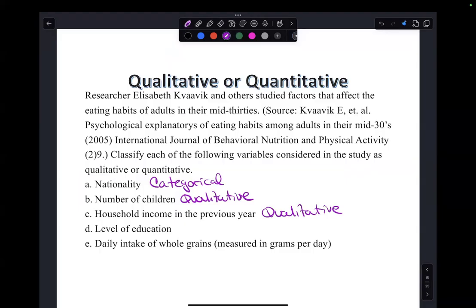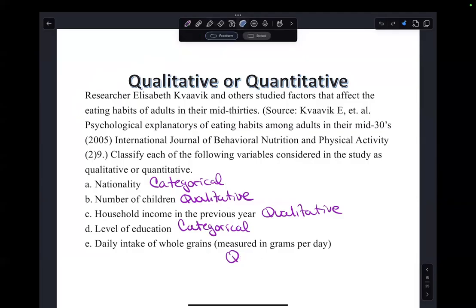Sometimes it's numbers, but generally it's words, and we don't usually do math with it. It's like I have a master's degree, therefore I can't do math with a master's degree. I mean, I guess I can because part of it's in math. Daily intake of whole grains measured in grams per day. Once again, numbers you can do math with. So quantitative.